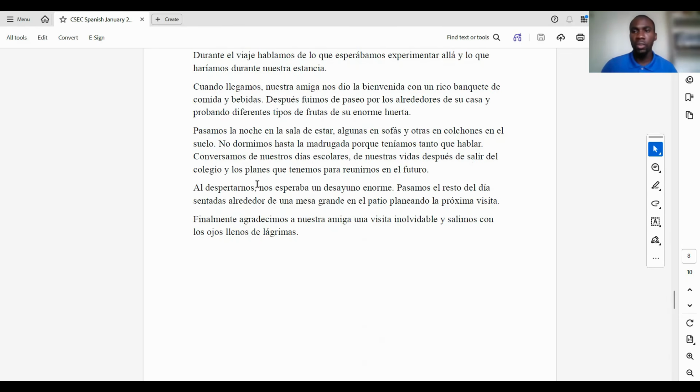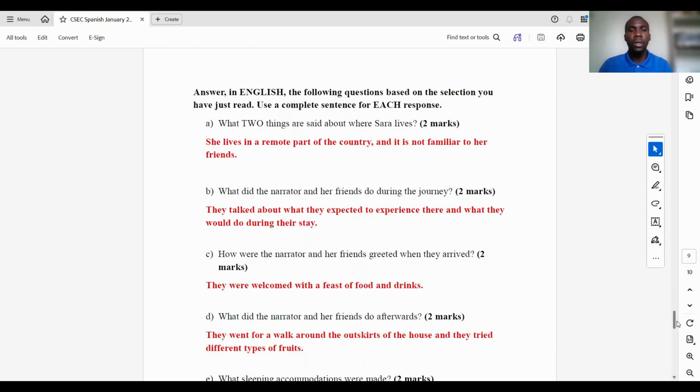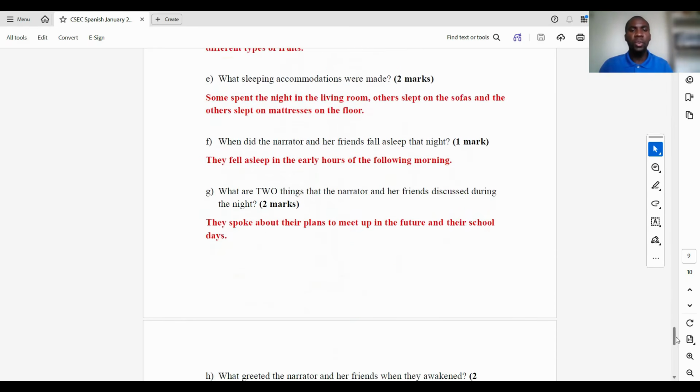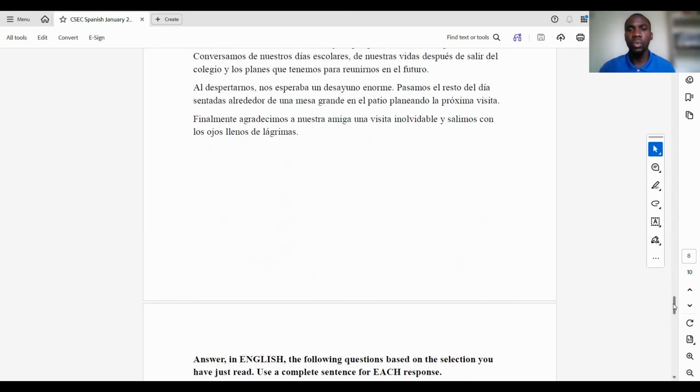So any two of those would have worked. I put that they spoke about their plans to meet up in the future and their school days. And the other option would have been to talk about what they would do after leaving secondary school. So any two of those would have worked.